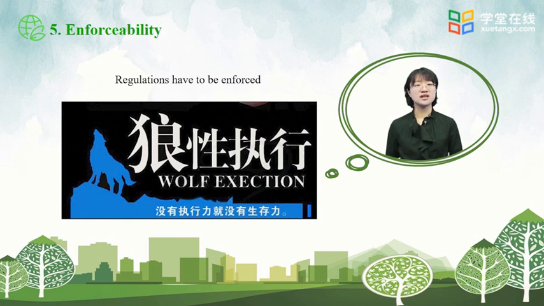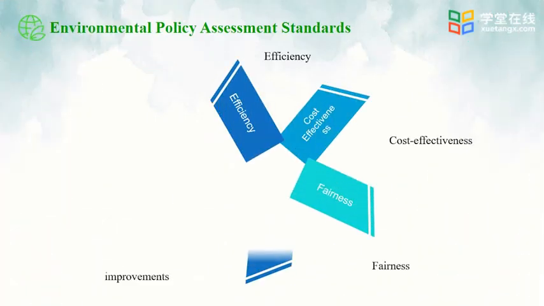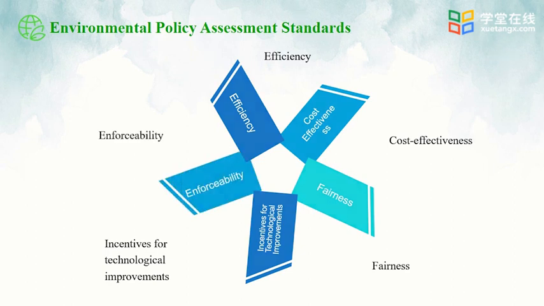Only in this way can the policies formulated be enforceable. The 5 environmental policy assessment standards, namely efficiency, cost effectiveness, fairness, incentives for technological improvements, and enforceability, none of them is dispensable. An environmental policy meeting these standards is a good environmental policy.